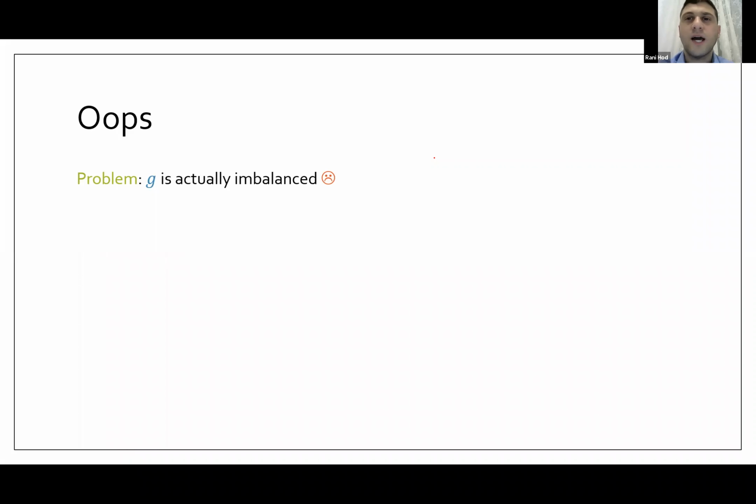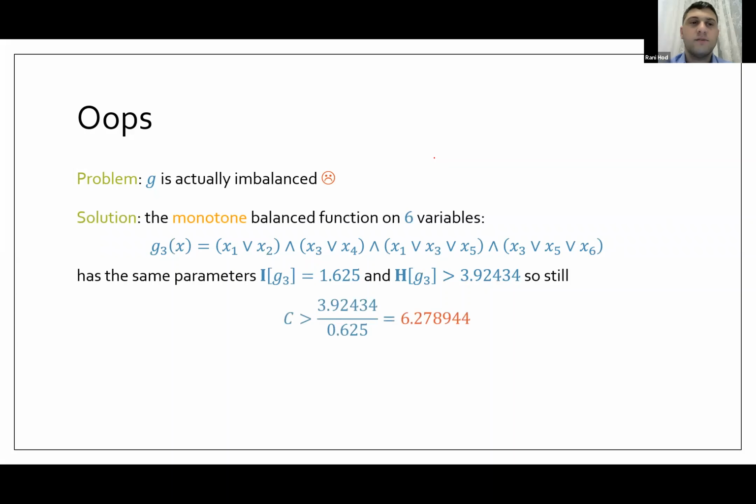There was some kind of typo. I know exactly how it happened. It's just computing with integers instead of Booleans, but it's fixable. We can take another function with the very same parameters, and we get the same bounds. So this is a nicer function. It's also a monotone one, no negations. And we recreate the lower bound.